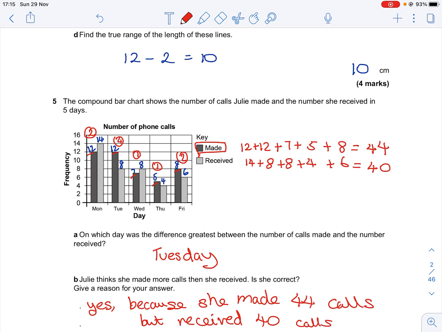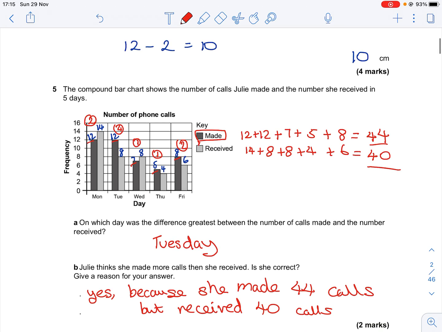Some of you wrote 44 and 40 here, which I see your reason, so I gave you a mark. But to get the 1 mark, you must state she made 44 calls and she received 40 calls.